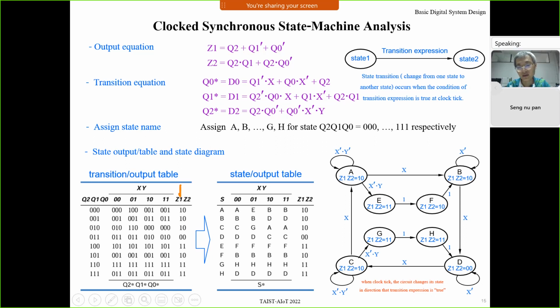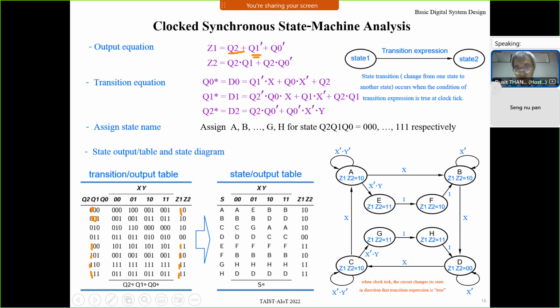Bit by bit. For example, output Z1 will be 1 when Q2 is 1, or Q1 is 0, or Q0 is 0, right? So Q2 is 1 here, this 1, 1, 1, 1, right? So it's 1, 1, 1, 1 here. Or Q1 is 0, here and here, right?